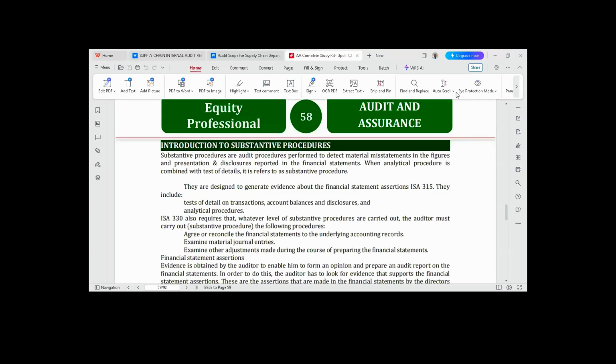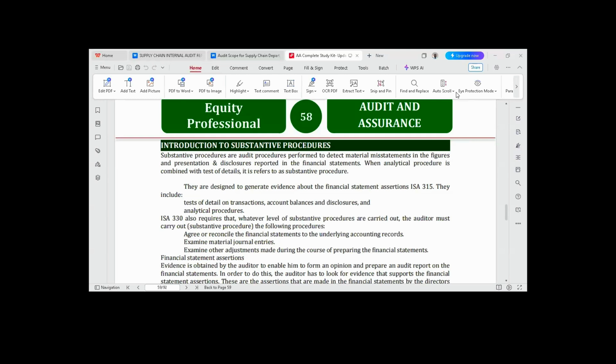All right? Now, the essence of the test of detailed transaction is for you to be convinced beyond any reasonable doubt that the client's internal control system is efficient or it is not efficient. You understand?